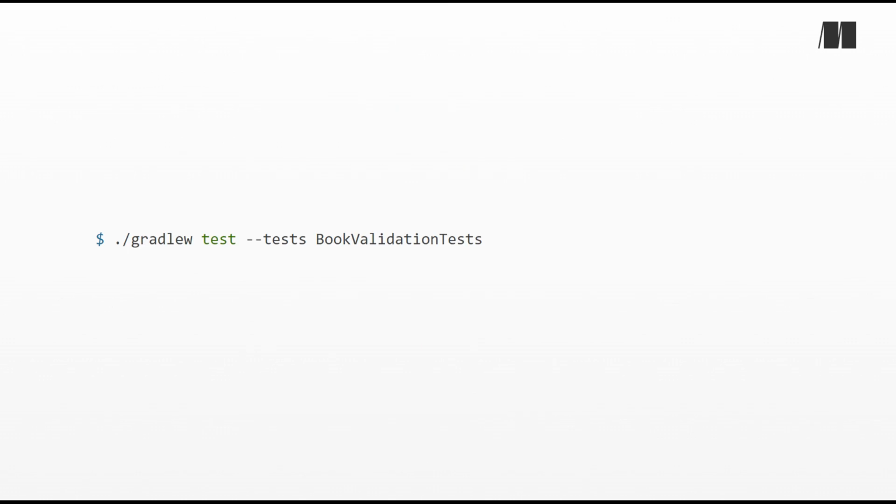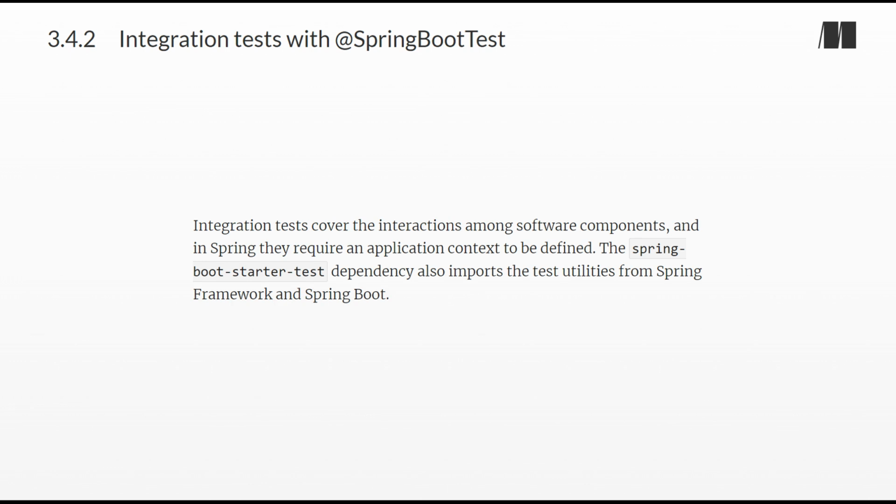Section 3.4.2, Integration Tests with @SpringBootTest. Integration tests cover the interactions among software components, and in Spring they require an application context to be defined. The Spring Boot Starter Test dependency also imports the test utilities from Spring Framework and Spring Boot.